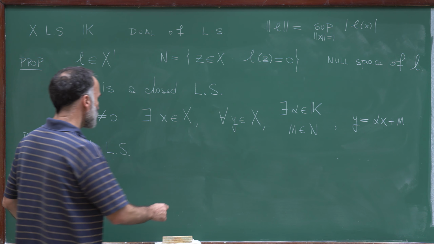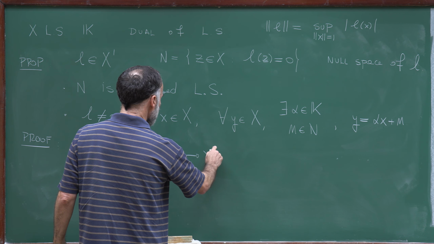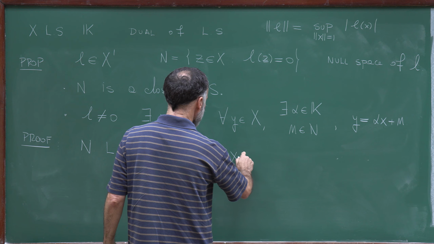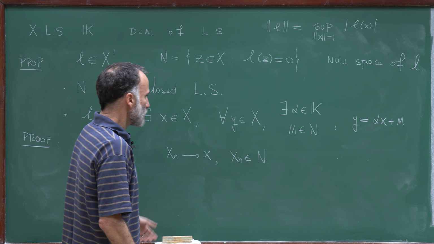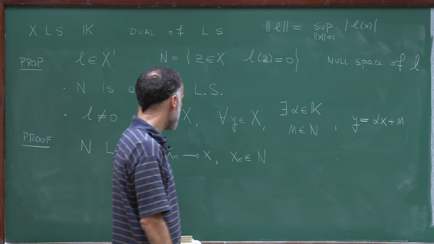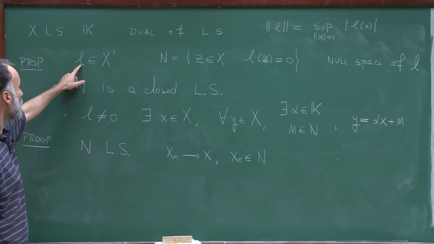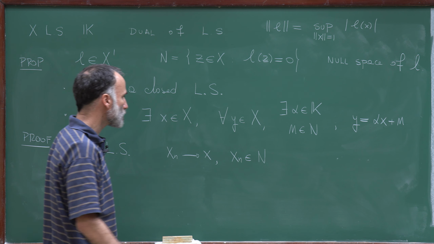That it's closed, well, assume that you have Xn converging to X, and that Xn belongs to the null space. Then what I claim is that X also belongs to the null space. And why is that? Well, L is a bounded linear functional, therefore it's a continuous linear functional.